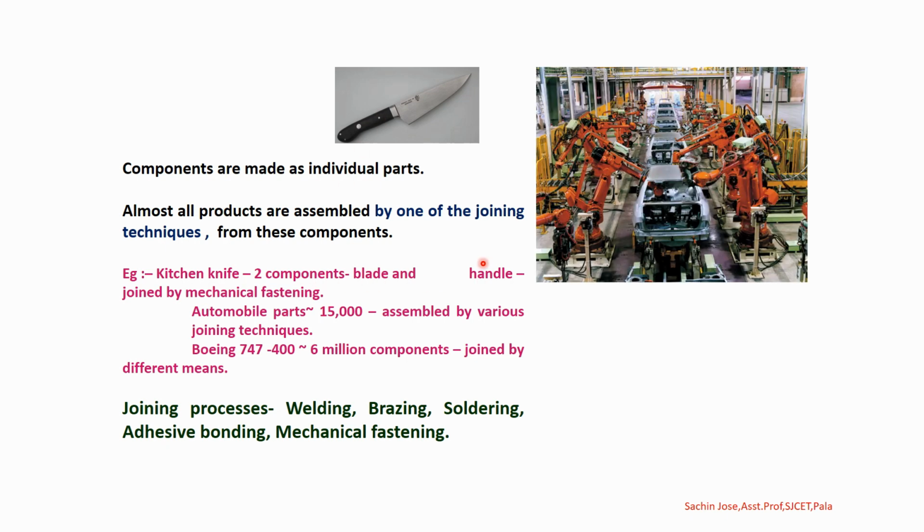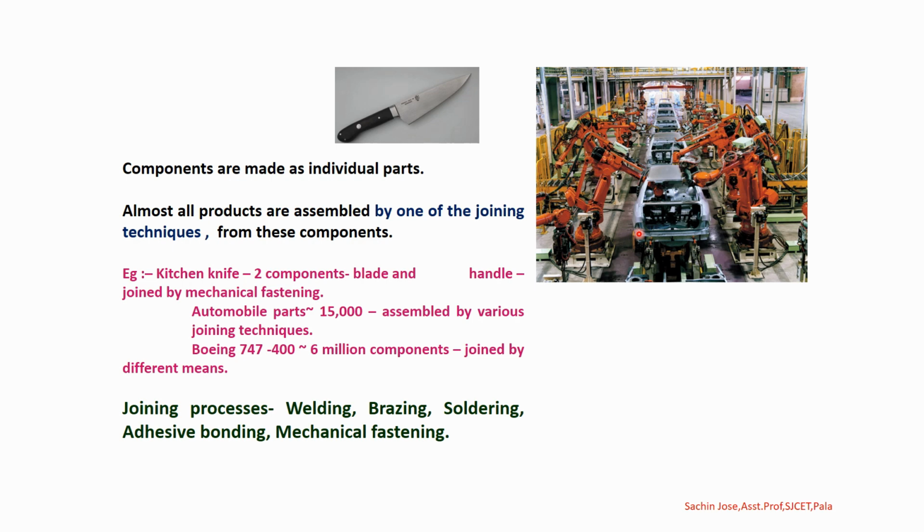Or an automobile, a car, which consists of roughly around 15,000 parts. So it is again produced as individual parts and joined together.